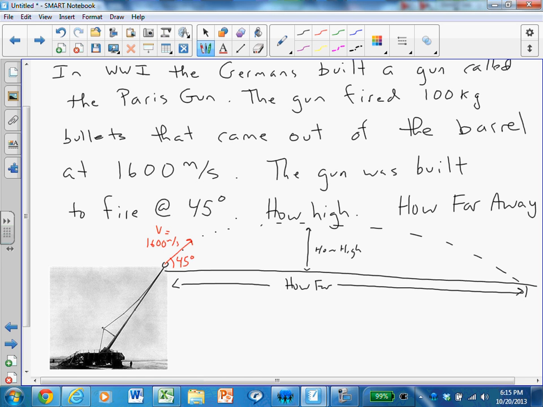Vx and Vy will both be equal because of the 45 degrees: 1600 meters per second cosine of 45, and 1600 meters per second sine of 45, and that gives 1,131 meters per second.